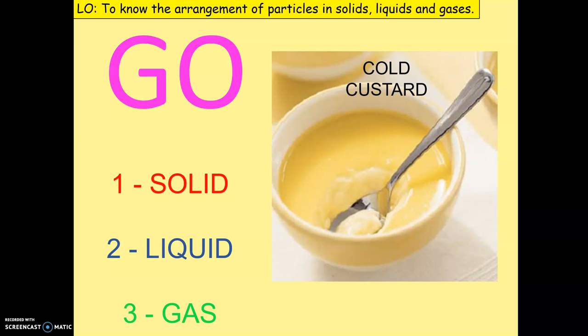Now, here's the thing. The reason why I would say it's not really solid, personally, is the fact that it's taking the shape of the bowl. If it's solid, then it shouldn't take the shape of the bowl. For example, if you put a Rubik's cube in a bowl, it's not going to take the shape of it. It's still going to remain a cube. But the custard itself has taken the shape of the bowl.